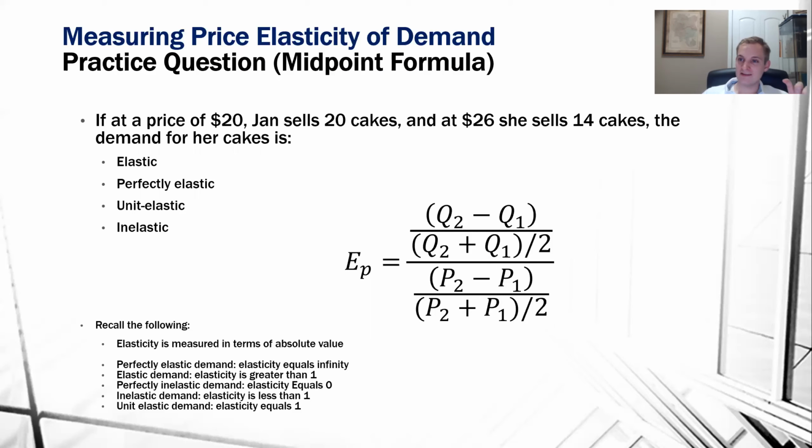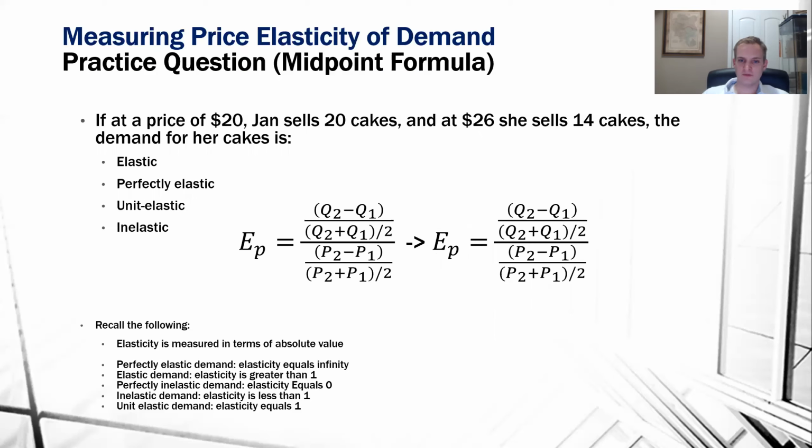P2 is the new price, $26. Q1 would be the initial quantity demanded that's associated with that initial price, so 20 cakes. And then Q2, or the new quantity demanded, is going to be associated with that new price point. So this would be 14 cakes.